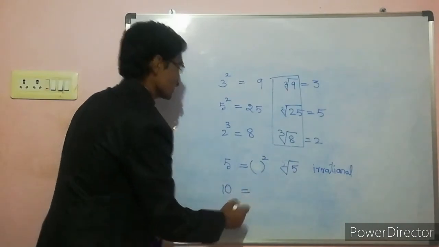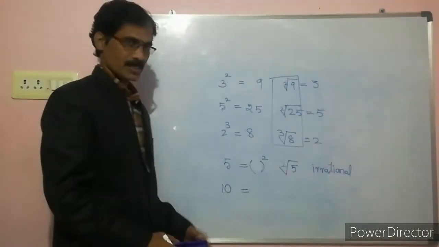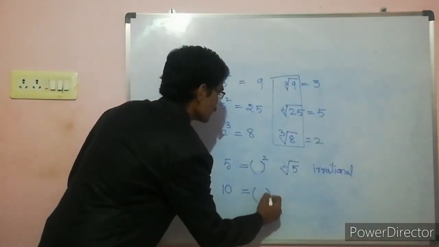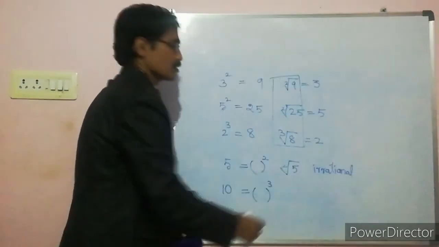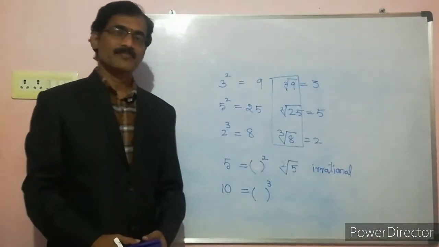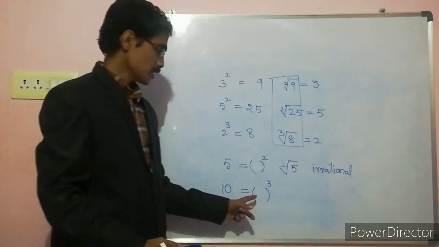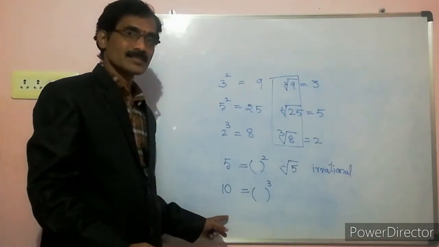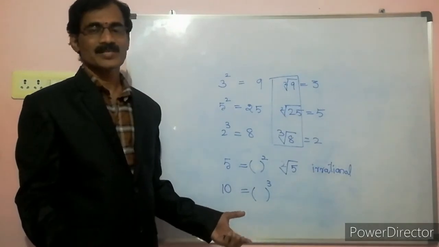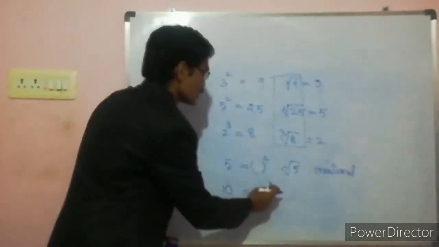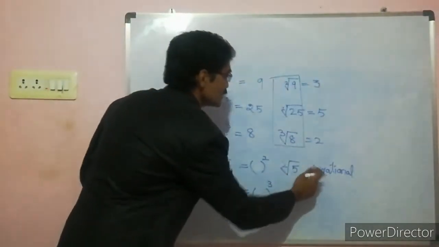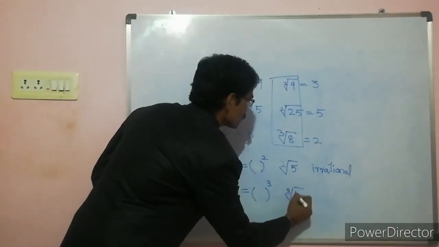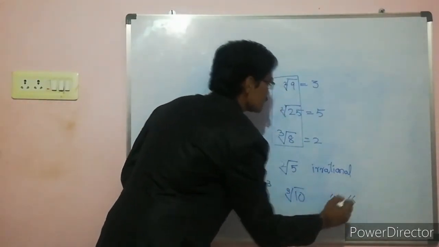For example, 10. Can you write the number 10 as any other number power 3? Can any number be multiplied 3 times to get 10? No, you cannot get any integer. So cube root of 10 is irrational.